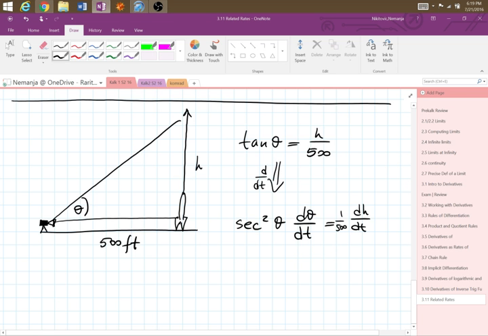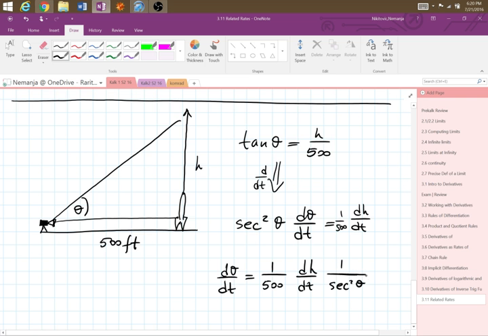So now, what is the actual equation here? Well, the d theta dt is what we are looking for. So d theta dt stays here. On the other side, you have 1 over 500 times dh dt times 1 over secant squared theta.